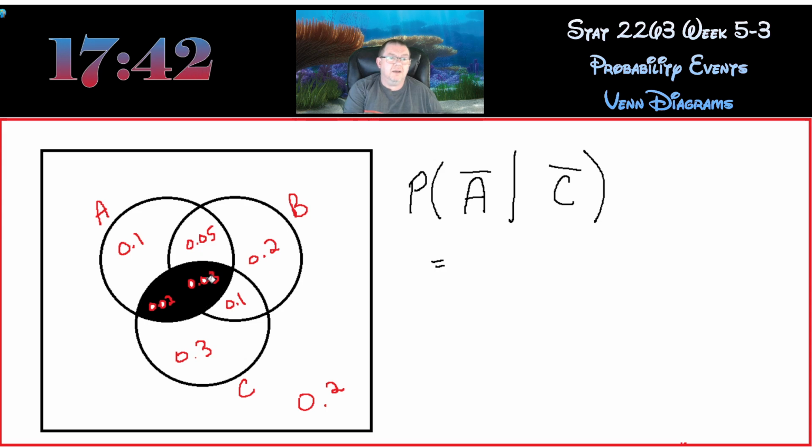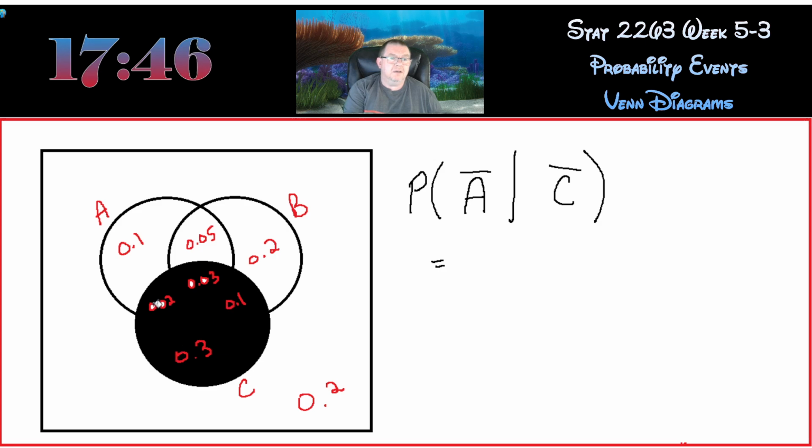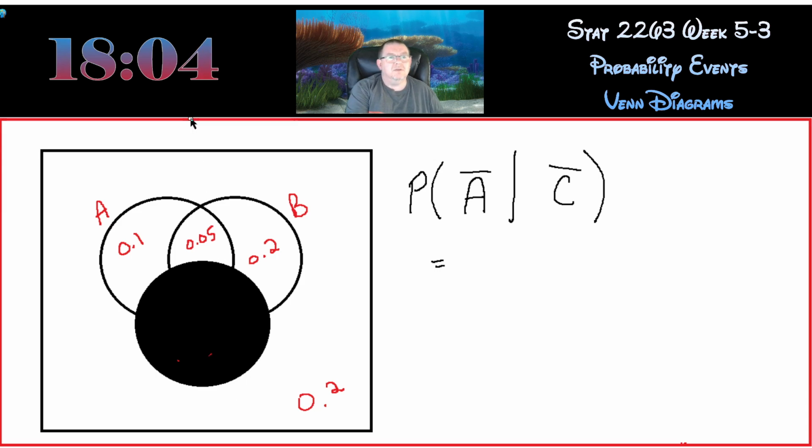I'm going to black out C. You know, I don't care about this part. In fact, I'll get rid of these numbers altogether because we're not going to see this example again. And then I'll come back and paint it. So C is gone, right? I don't care about C at all. I don't even care that that's called C anymore. Kind of looks like a Mickey Mouse. I'm just going to point that out.